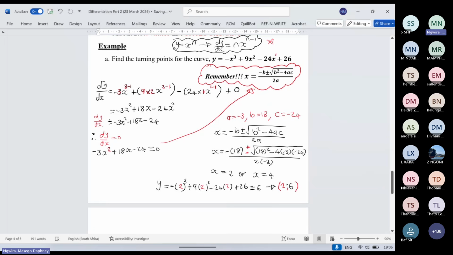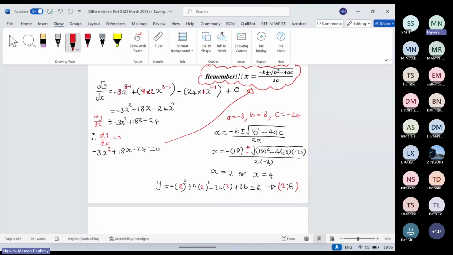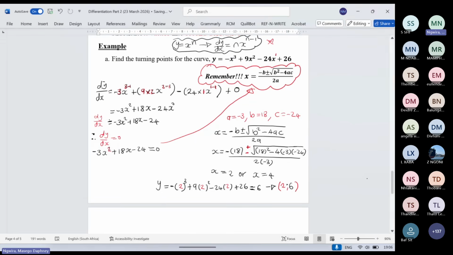And then now we look for the y of this 4. That's where our graph is going to turn at these 2 points. This will be y equals negative 4 cubed plus 9 times 4 squared minus 24 times 4, then plus 26. Please, you always use the original.